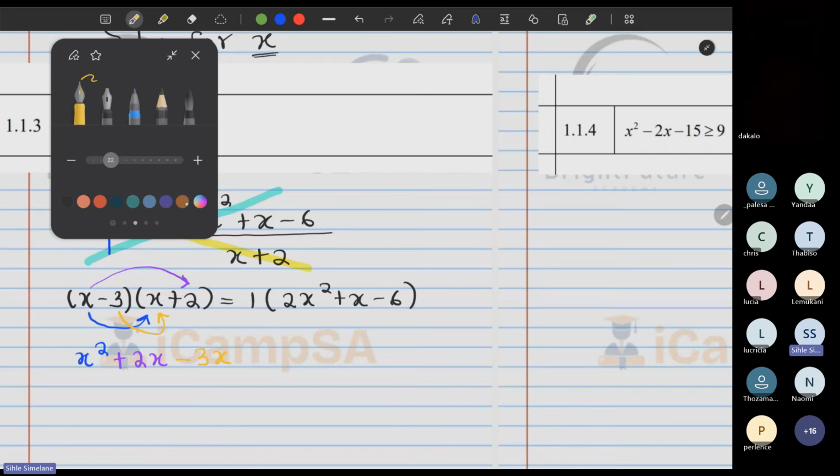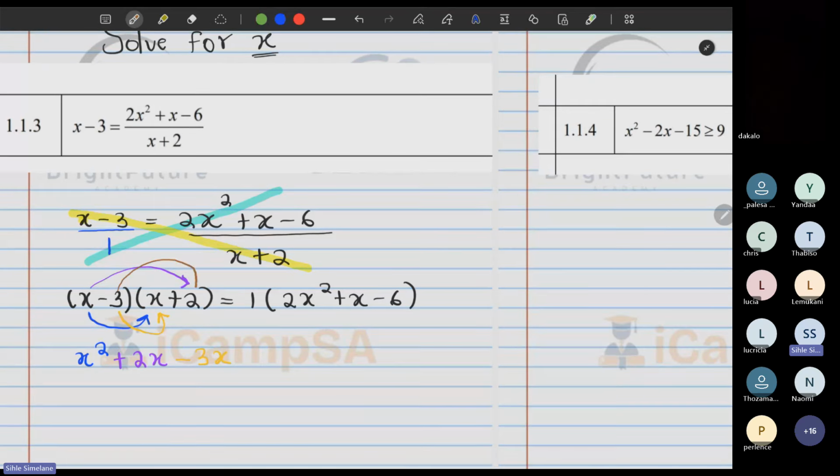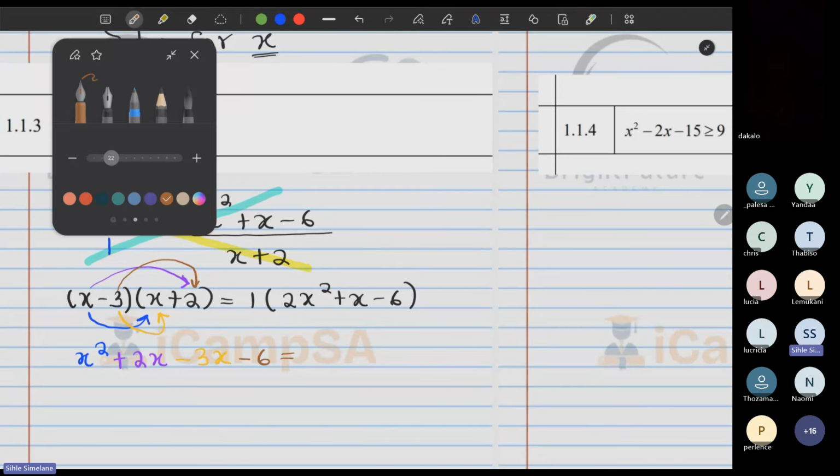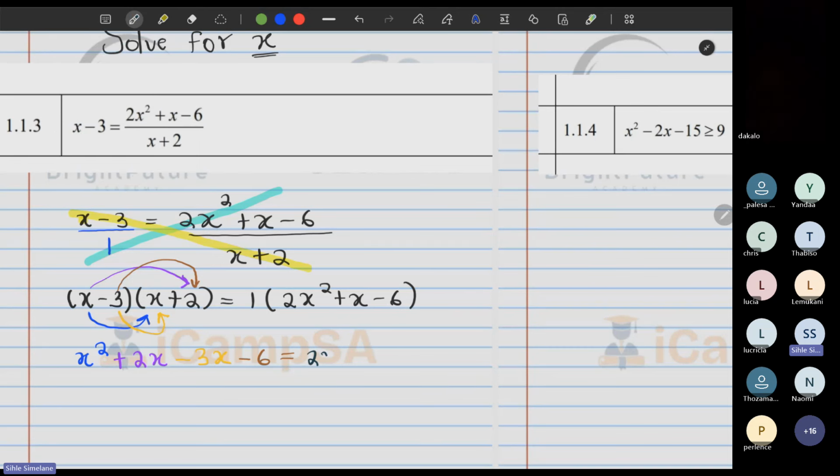Lastly, if we take this 3 and multiply it with negative 2, we will get negative 6. And this is equal to what we have on the other side, which is 2x squared plus x minus 6. You guys understand? Give me a thumbs up. If you don't, please ask.